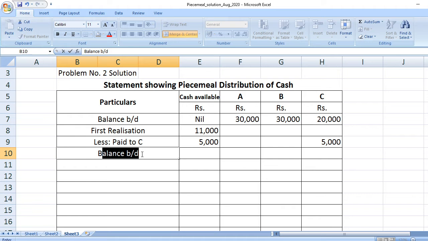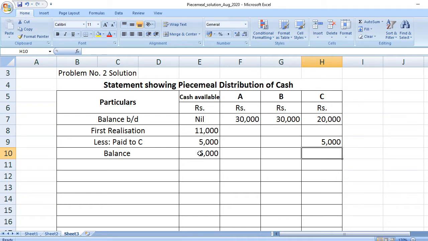Balance available after payment to C. So here 11,000 minus 5,000, 6,000, and 20,000 minus 5,000, the rest of the value is 15,000.